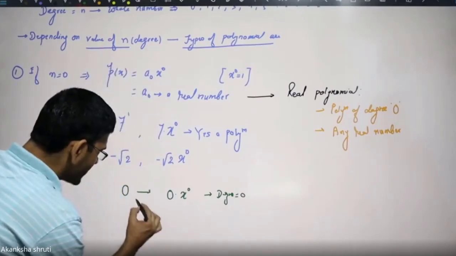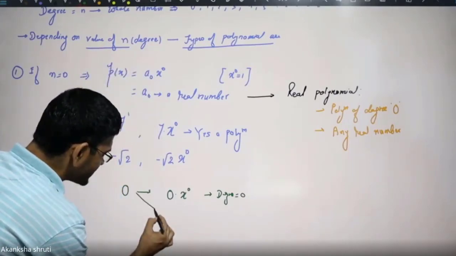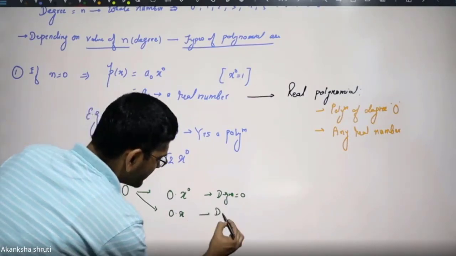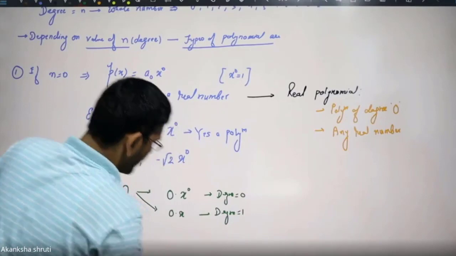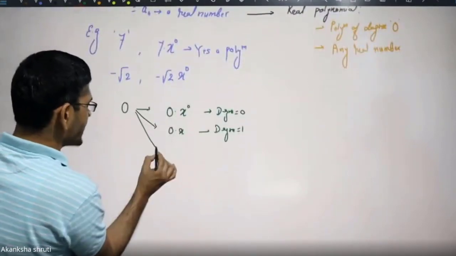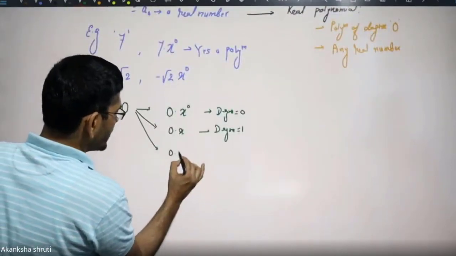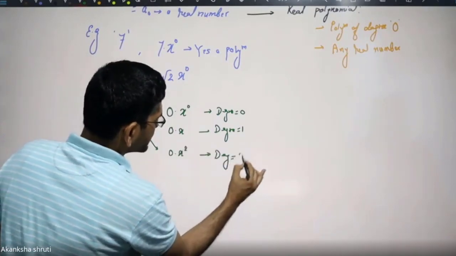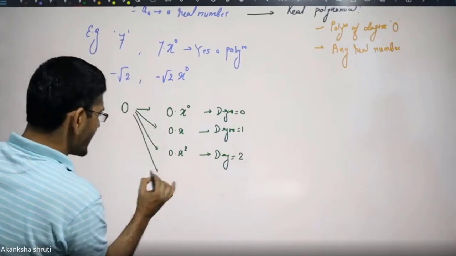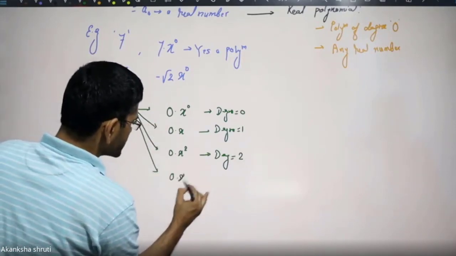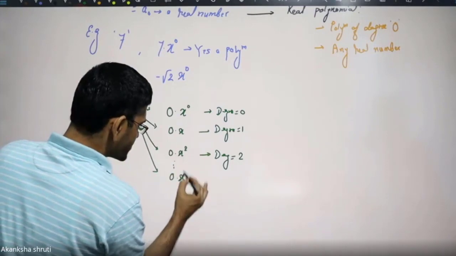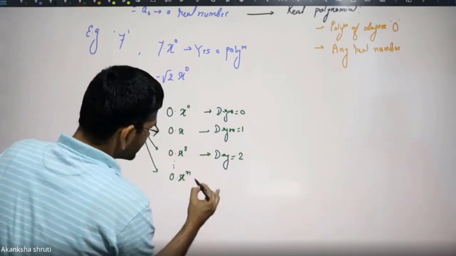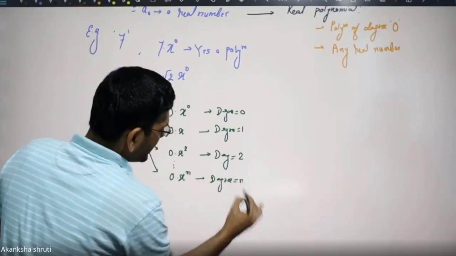But student, we can also write this as 0 into x to the power 1. At this time you will say degree is 1. You can also write like this, 0 into x square. At this time you will say the degree is 2. You may also write 0 into x to the power n, any value of this degree you may take. So degree can be n.